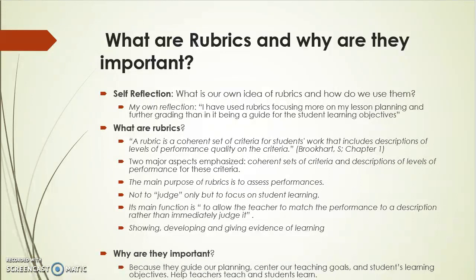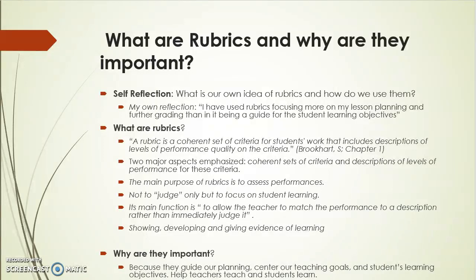So according to the definition of the author, rubric is a coherent set of criteria for student work that includes descriptions of levels of performance quality on the criteria. There are two major aspects emphasized in here. One is the coherent set of criteria and descriptions of levels of performance of these criteria.